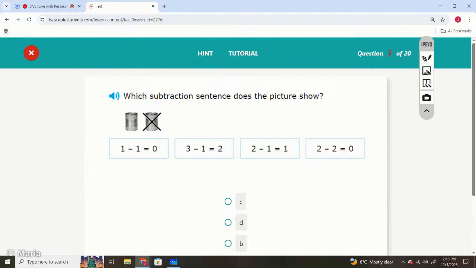One of them is crossed out, so we are left with one, right? So the sentence we can make is 2 take away 1 equals 1, right? Option number C is the correct option.